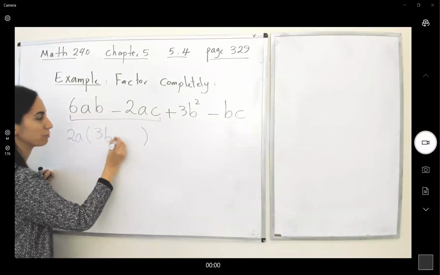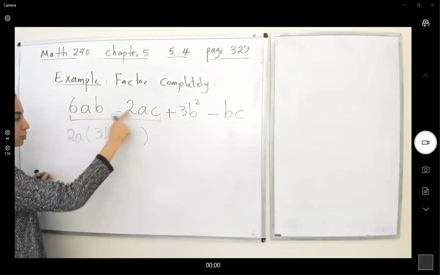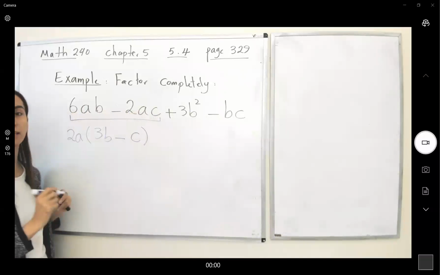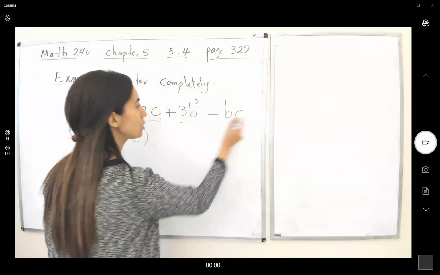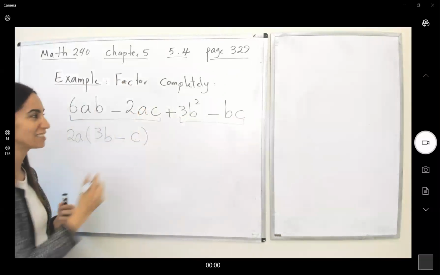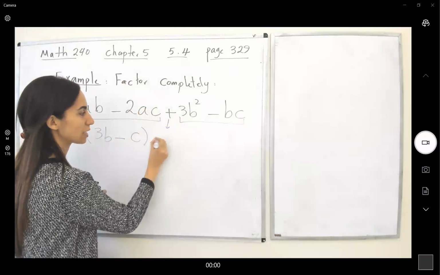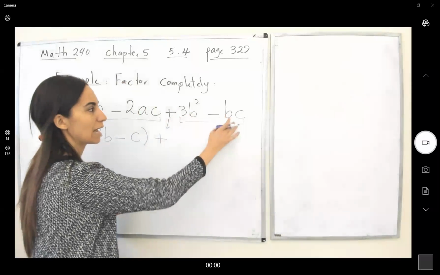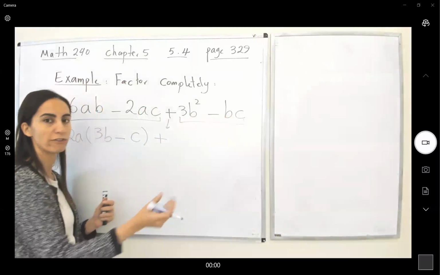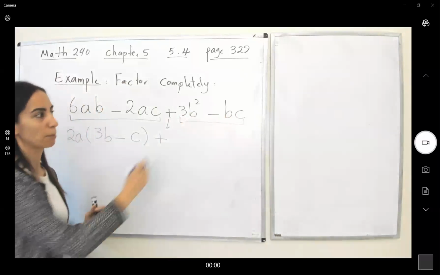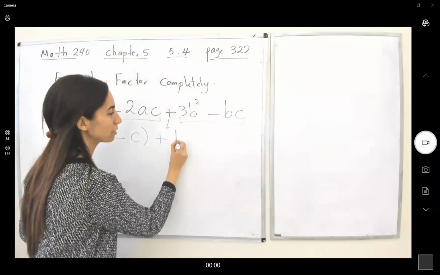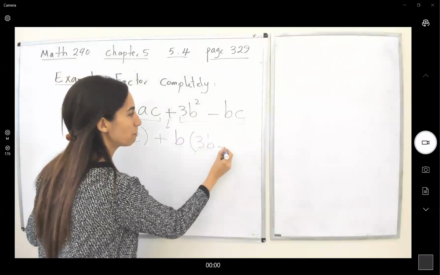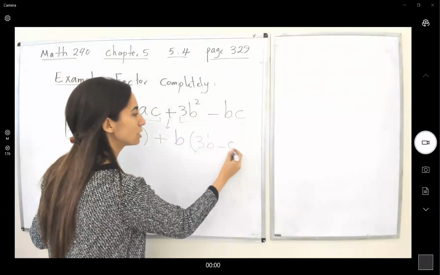The operation in between is subtraction. What's left from the second term? C is left. Now for these 2 addends, the operation in between is addition, so I'm going to copy down the addition. Here, I don't have any constants or coefficients to take out, but I have variable b, which gives me 3b minus, if I take out b here, c.